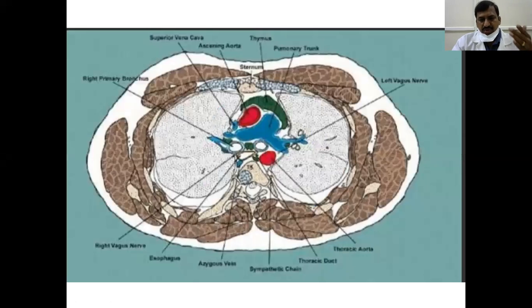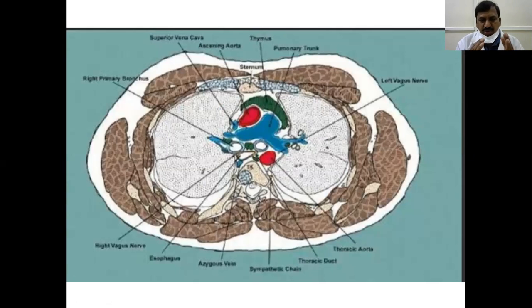Here you see, if you take a section through the thorax, these two are the lungs. This is one lung, this is the other lung, and this is the space in between the two pleural sacs. It is occupied by most important structures: the heart, pericardium, bronchus, trachea, pulmonary trunk, right and left pulmonary arteries, ascending aorta, arch of aorta, descending aorta, thoracic duct, and esophagus.